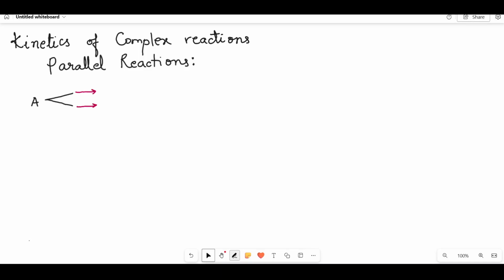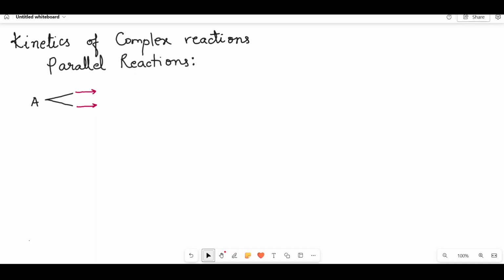When a reactant A undergoes two or more independent reactions at the same time, it is considered a case of parallel reactions. Each independent reaction gives rise to its own set of products.